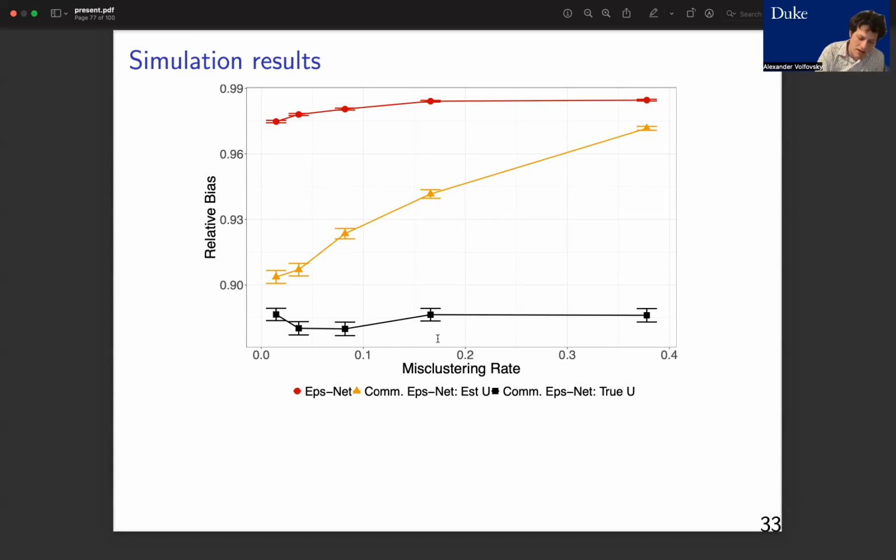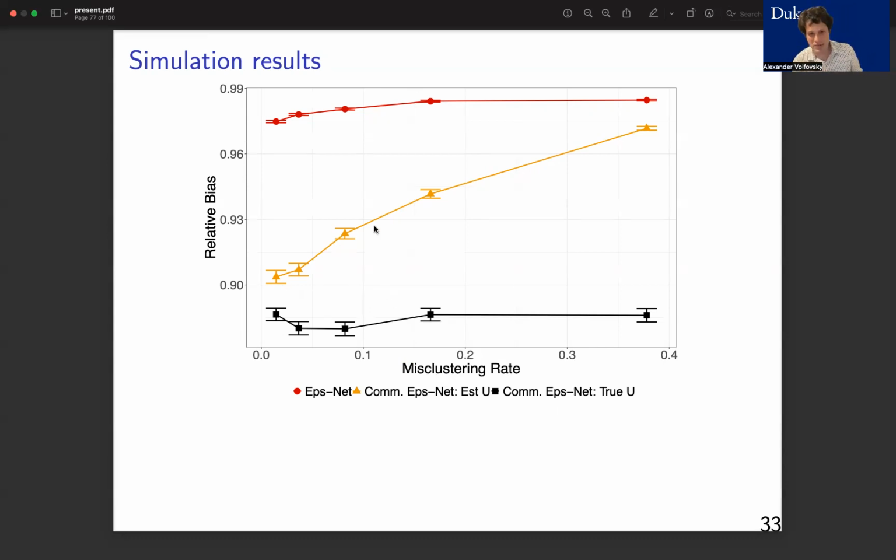What the x-axis is capturing is how hard the community detection problem is. You have probably seen that there are lots of different community detection algorithms, and some of them perform well in certain settings, some of them don't perform well in other settings. For a particular community detection algorithm here, which is just spectral embeddings, we are able to compute the misclustering rate, so how good this algorithm is.